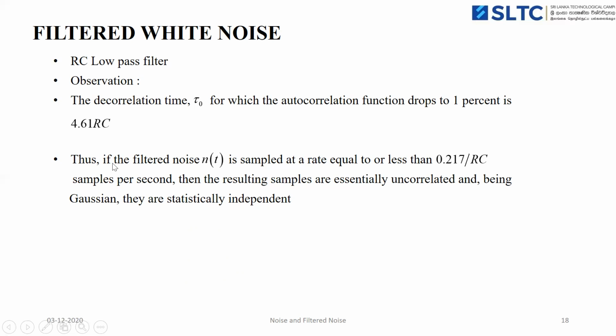So if the filtered noise N of t is sampled at a rate equal to or less than 0.217 divided by RC, which is the reciprocal of 4.61 RC, then the resulting samples are essentially uncorrelated, and being Gaussian, they are statistically independent. Right?